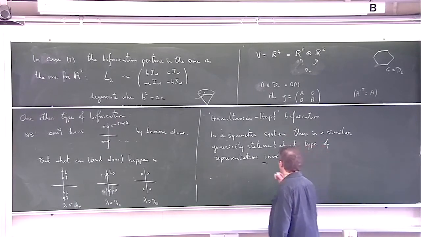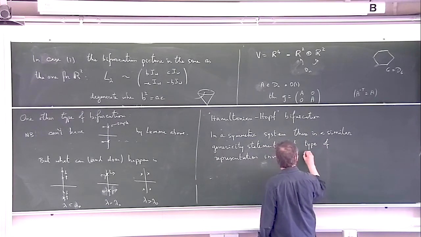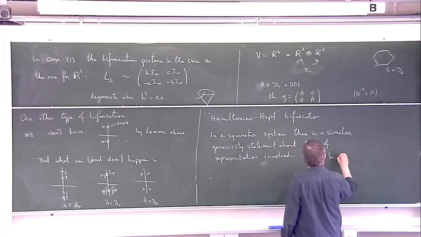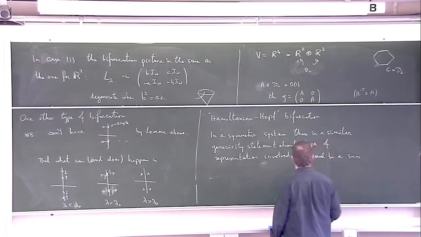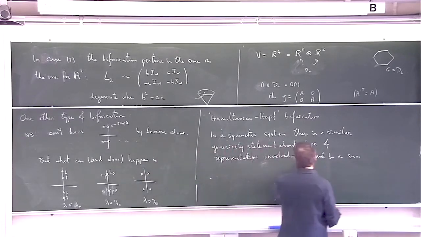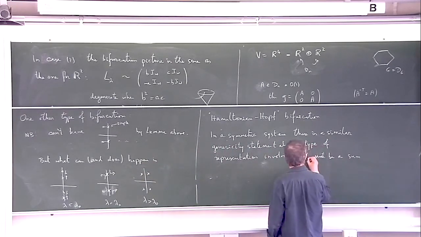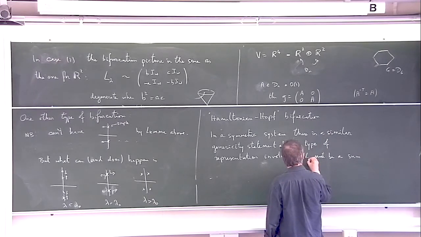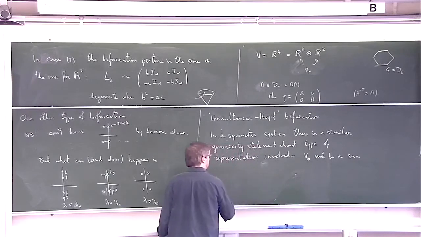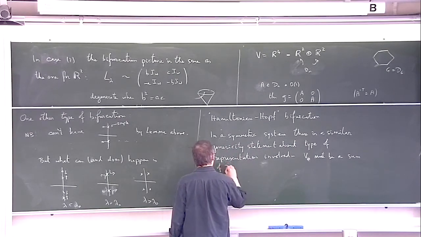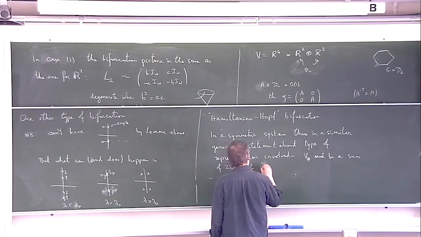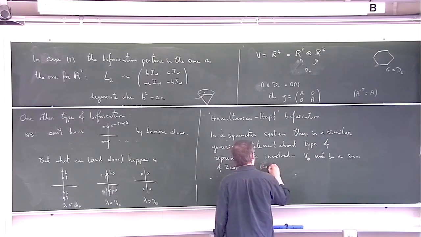V naught, that's the representation. Well, it's not V naught anymore because of the eigenvalues, but let's call it V0 anyway. V0 must be a sum of two copies of isomorphic representations.